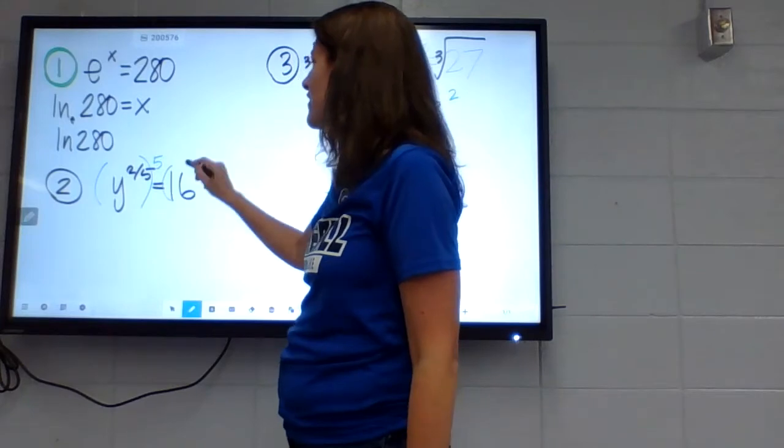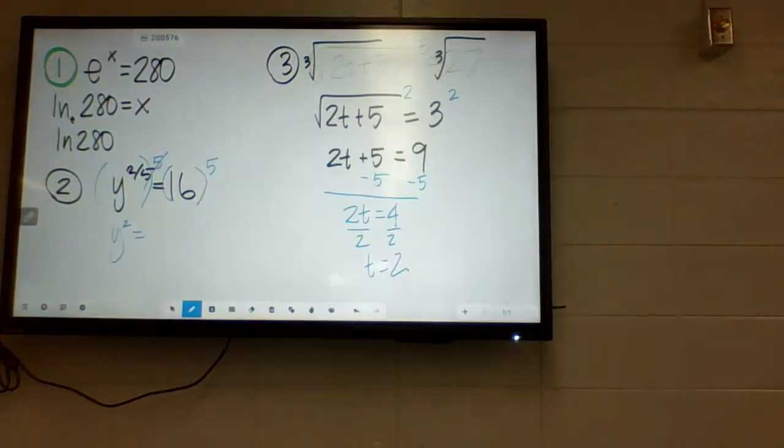All right, so we can get rid of the number on the bottom, because 2/5 of 5 is just 2. So I get y to the second equals 16 to the 5th power, which is a big number. Whatever that is.